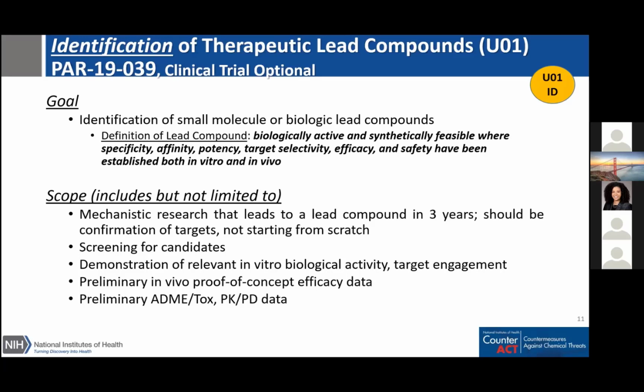Supported research can also include screening for candidate lead compounds, demonstration of biological activity and target engagement, proof of concept in vivo efficacy, and preliminary compound characterization, such as ADME-tox or pharmacokinetics and pharmacodynamics.